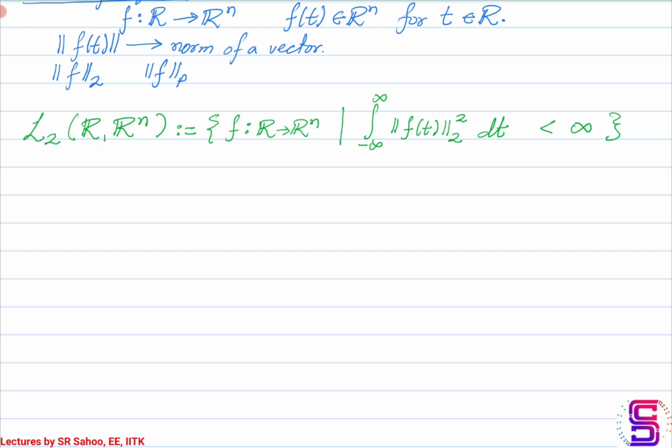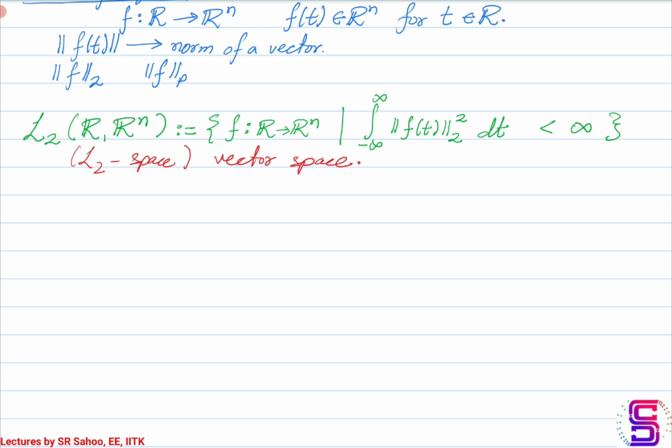Then you see whether this integration is going to give you a finite value or not. If it gives you a finite value, then the function f belongs to this L2 set, also known as the L2 space. So this essentially is a vector space.